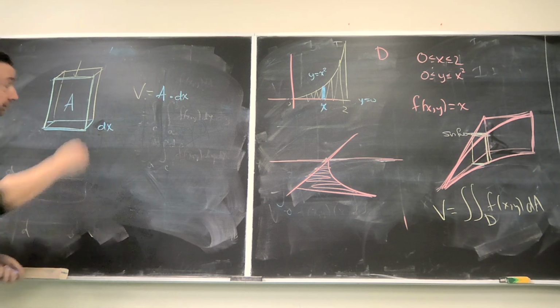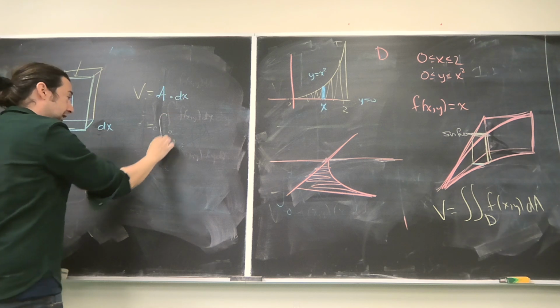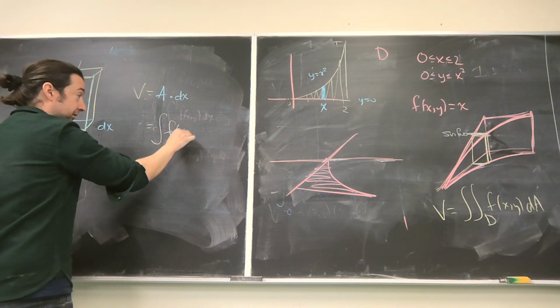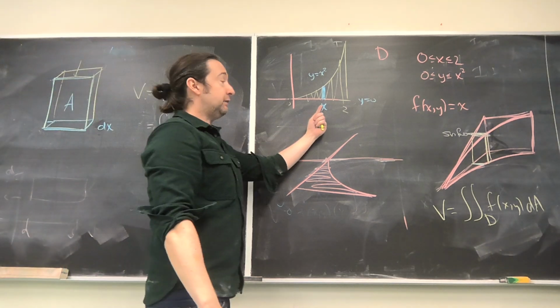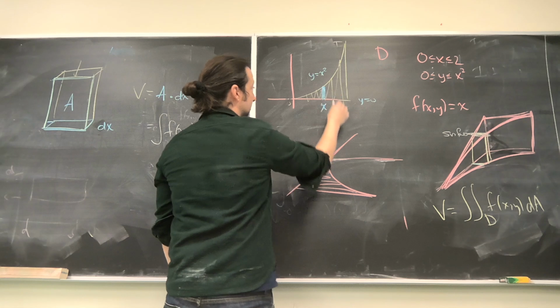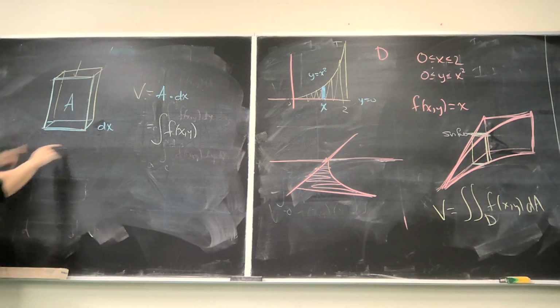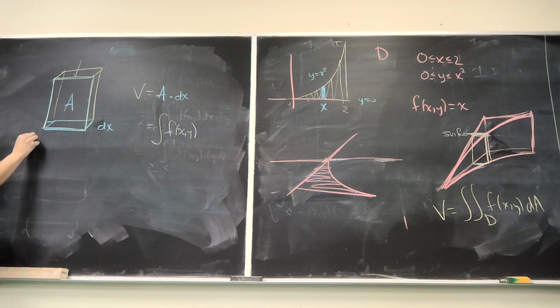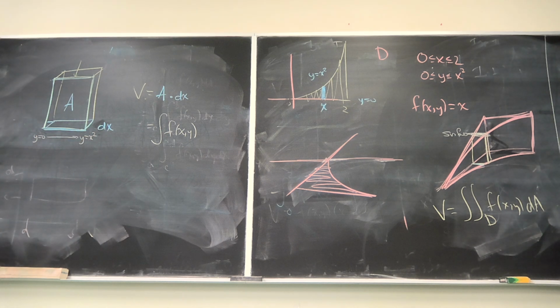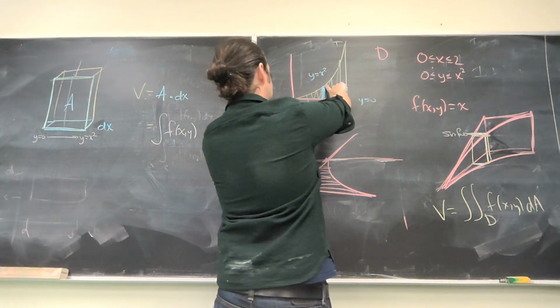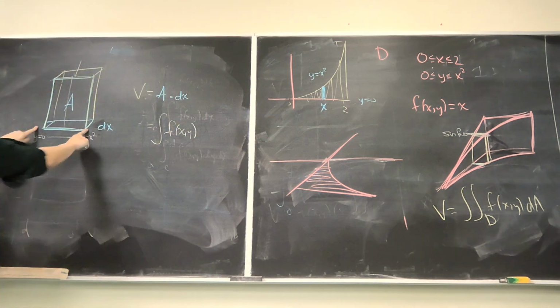So the way to do that is to say that is going to be the integral of the function, and then what direction am I moving? Well, if x is a fixed value, notice as you slide down that, you're moving in the y direction, and specifically, you're moving from y equals 0 across to y equal to x squared. Each value of y, you come up to the top here. So the way of thinking about this slice right here is I've sort of tipped it this way so that it's sitting right here.